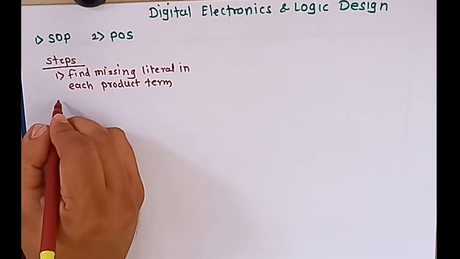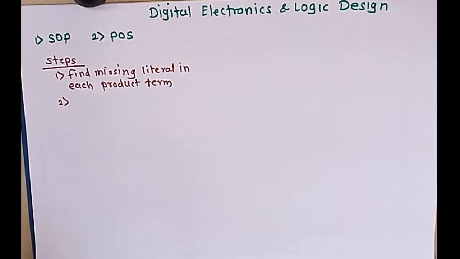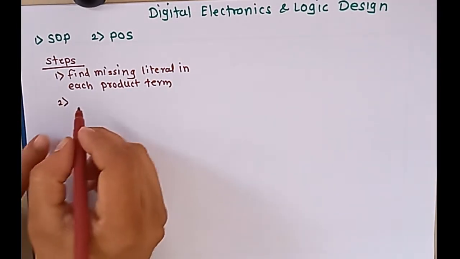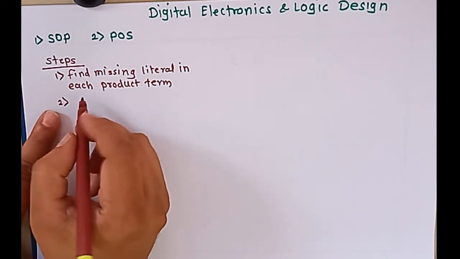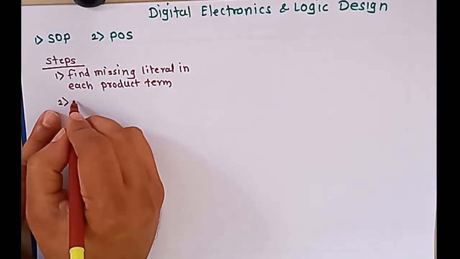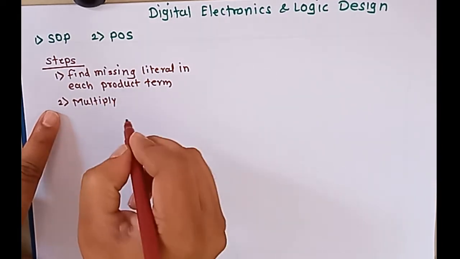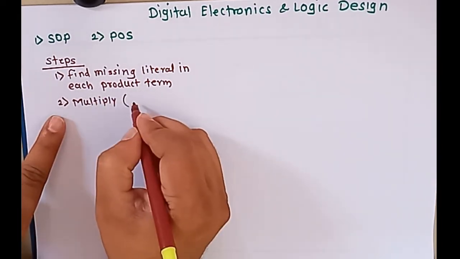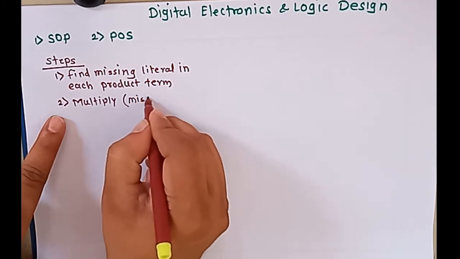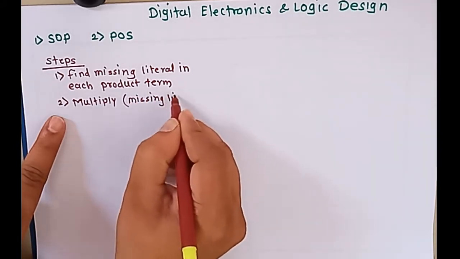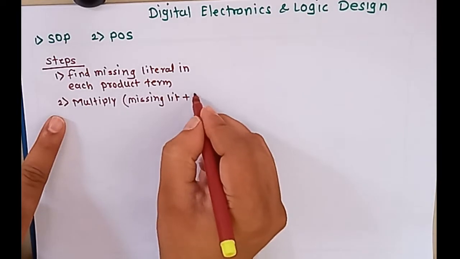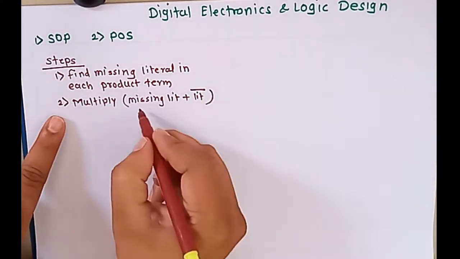The second step is to multiply that product term by the missing literal plus its complement.